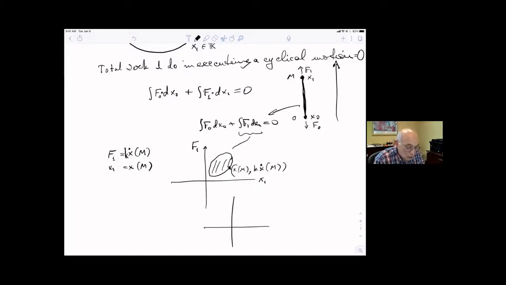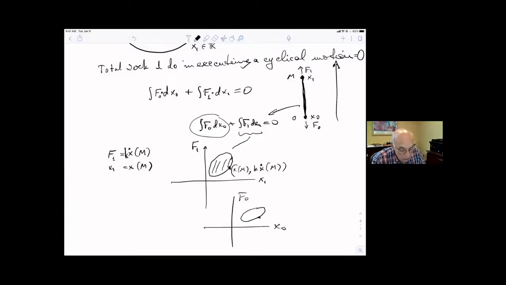And by the same token, the first integral is also the area, but in the x naught, f naught plane. As I move my hands, both x1, f1 change cyclically and x naught, f naught change cyclically.